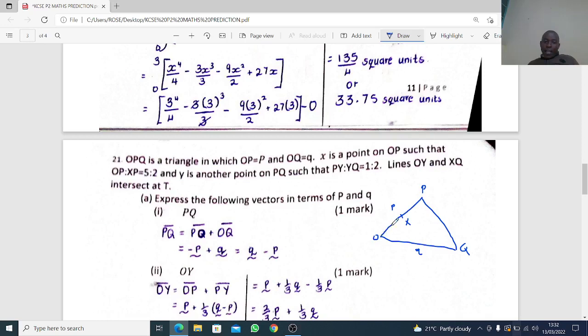So that means the whole line OP is 5 and XP is 2. So this is 2, and therefore OX to XP is 3:2.